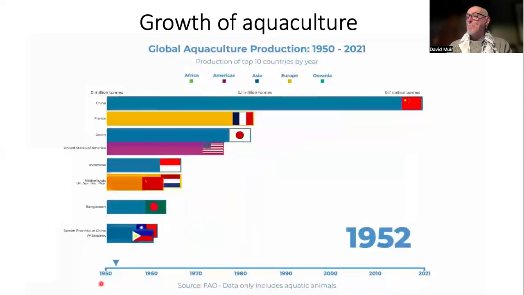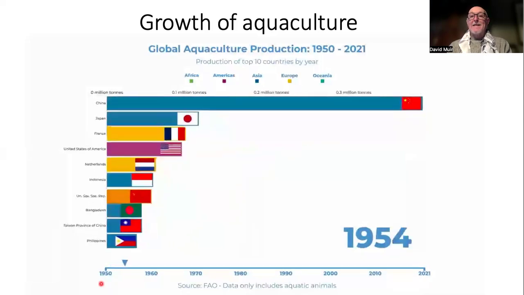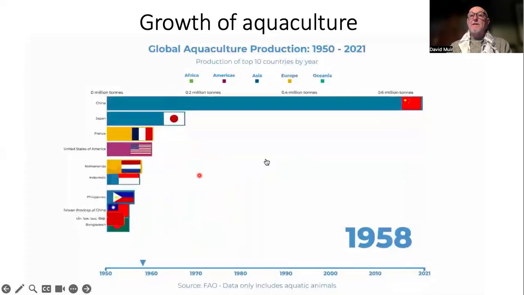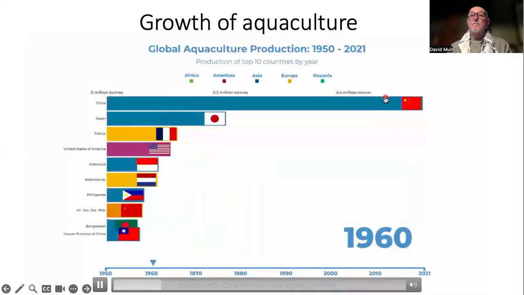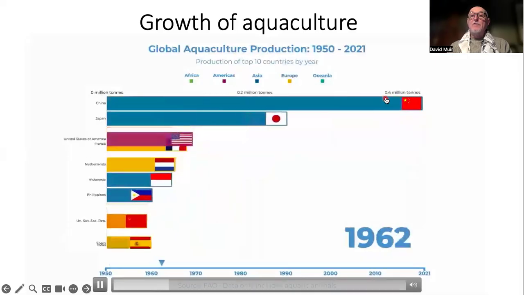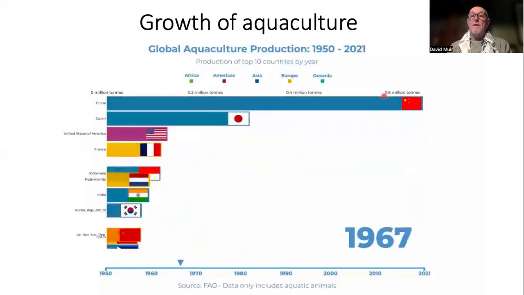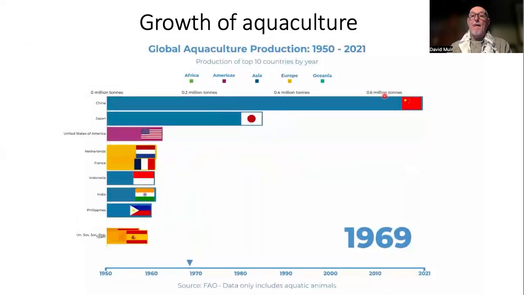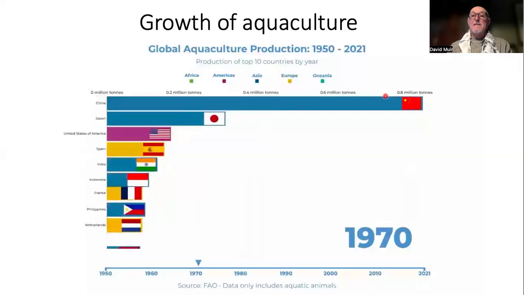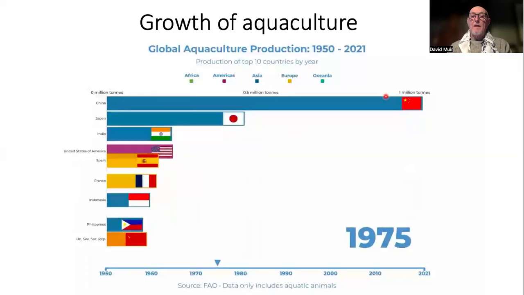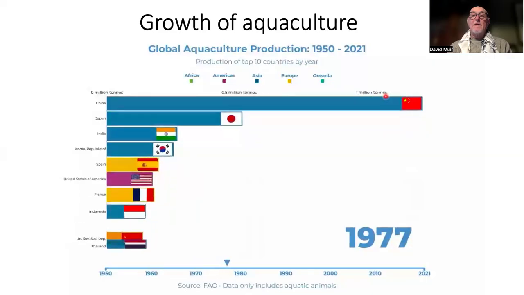Let's watch China. Boom, there it goes. And it never loses pole position. But look at the amounts. Cultural Revolution, it falls. Now they're back on track. 0.6 million, 0.8 million, 1 million.